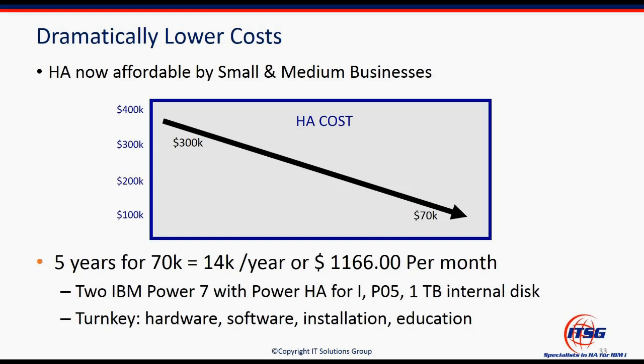When you look at some of the things out there today, such as vaulting, this is a very cost-effective solution in today's world to do high availability. So there's no excuses anymore that it's too expensive, with these kind of numbers that we can put projects together with.